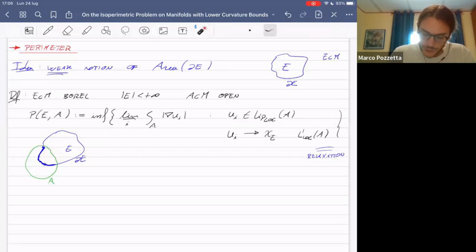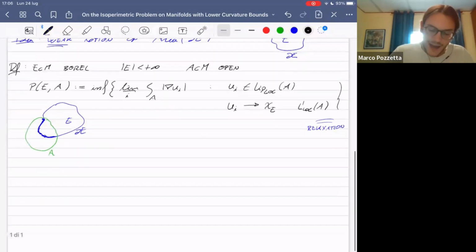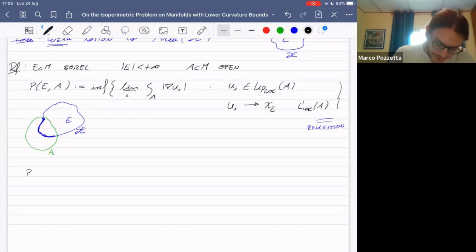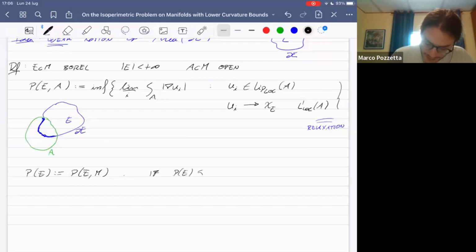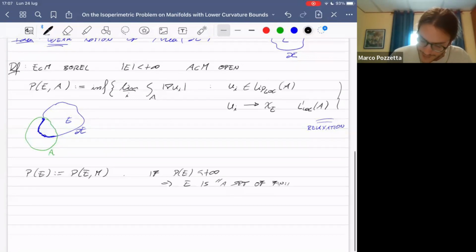And now I would like to try to convince you that this is a good notion for measuring actually the perimeter of a set. And here is the reason. Of course, to be more comfortable, I will define the perimeter of E, the perimeter of a set inside the whole ambient manifold M. And if the perimeter of E is finite, then I will say that E is a set of finite perimeter, just to fix the terminology.